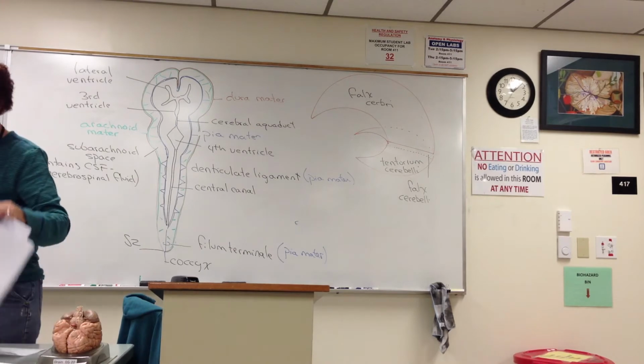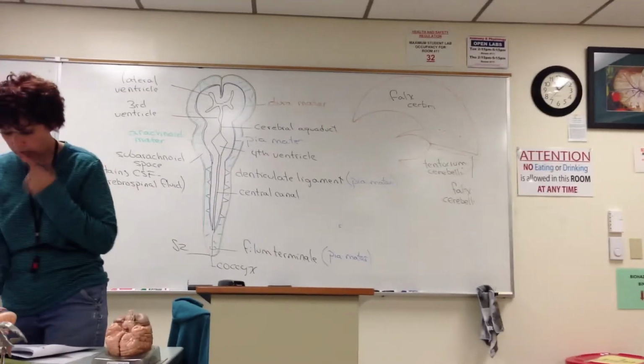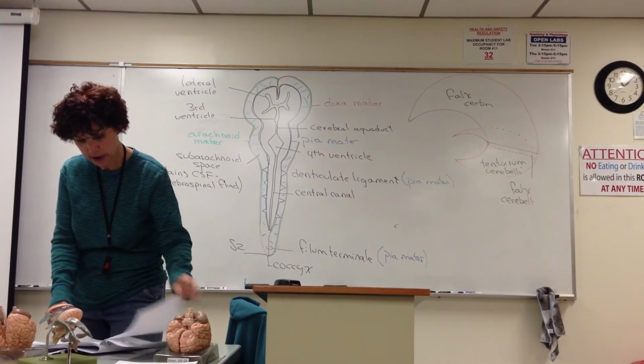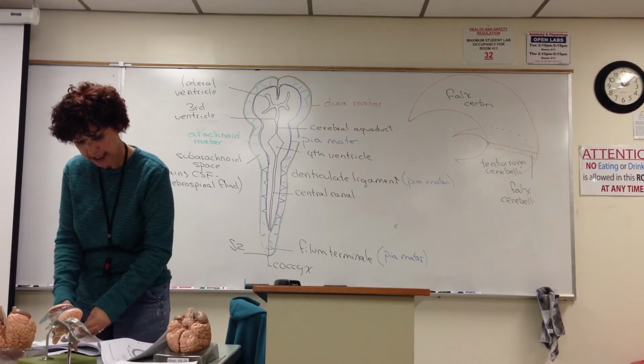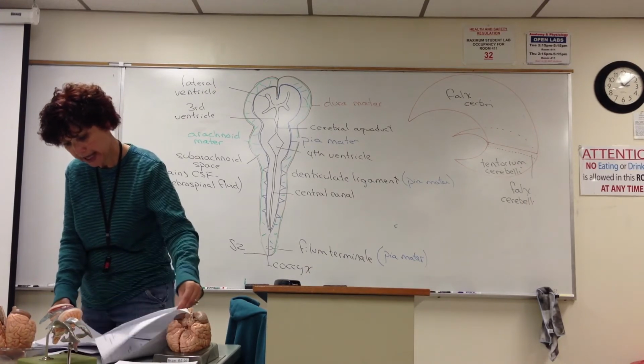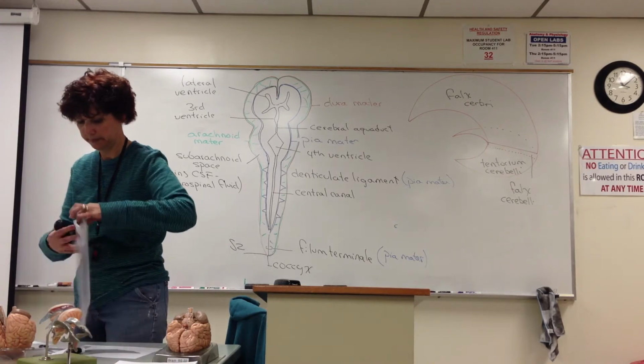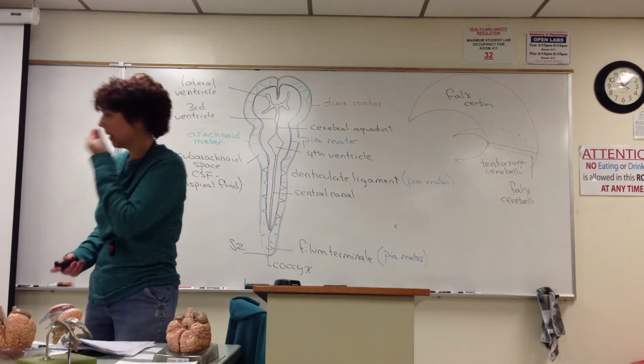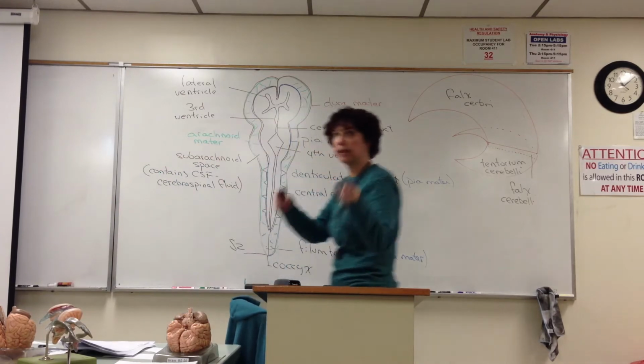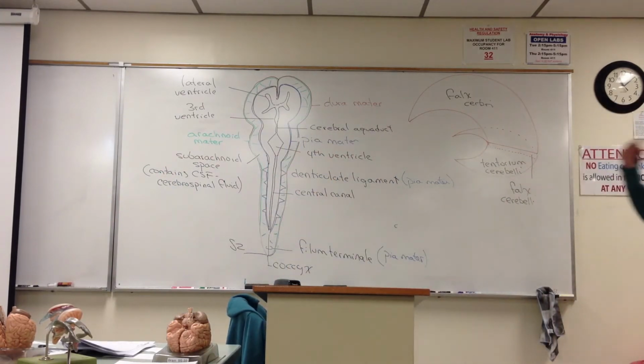So now, let's jump ahead to blood supply on page 50. I'm going to take the blood supply to the brain and then the venous blood drainage from the brain and cerebrospinal fluid circulation.